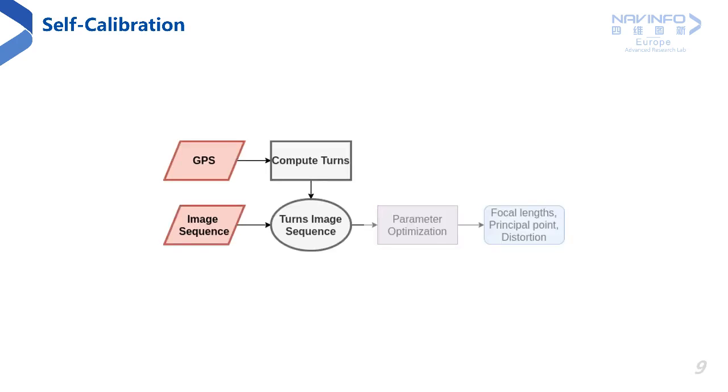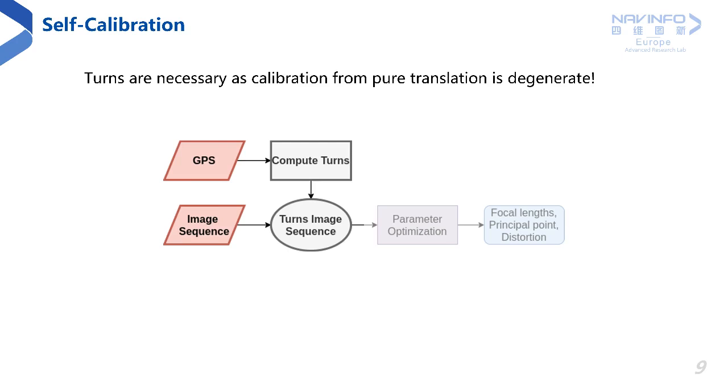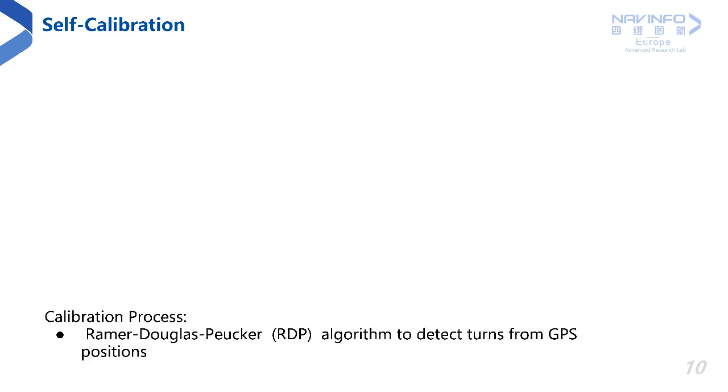First, the GPS information is used to identify the portions of the image sequence where the vehicle is making a turn. The turns are necessary for calibration as pure translation is a degenerate scenario due to scene depth and distortion conflation. We utilize the Ramer-Douglas-Peucker algorithm to decimate the original GPS trajectory to identify these turns.